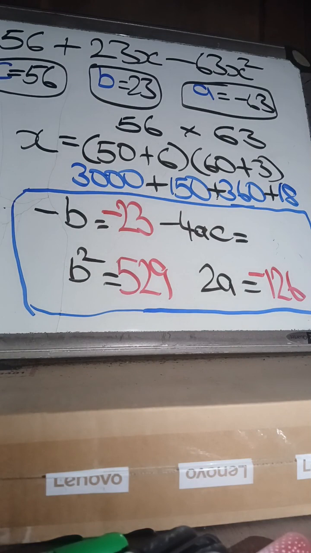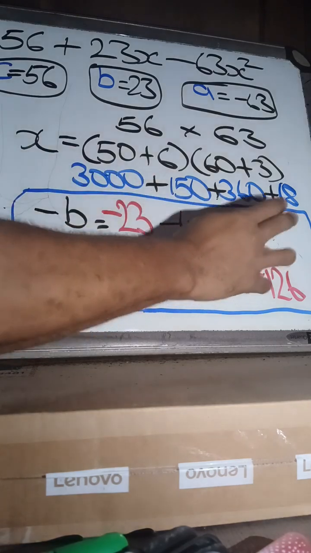But again, we have to be careful. The A is minus 63. It obviously means that when we multiply the 63 by the 56, this number out here will end up becoming positive.